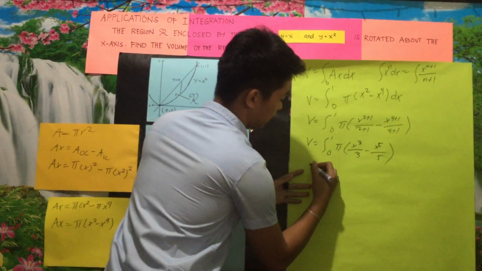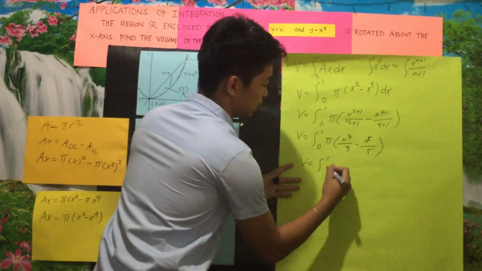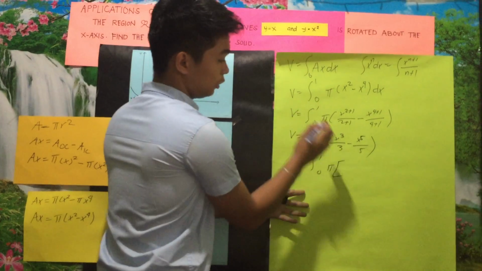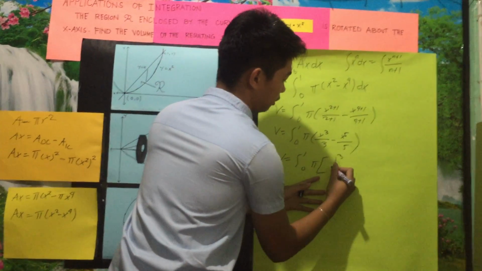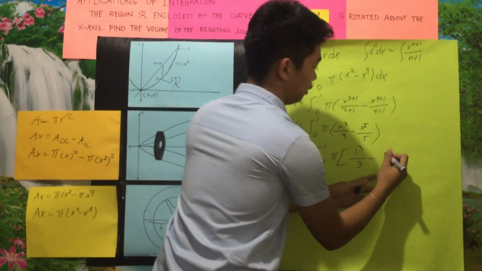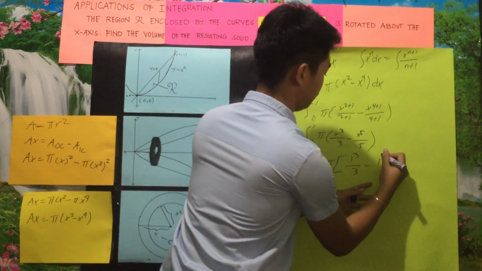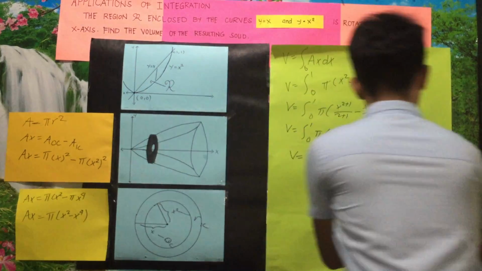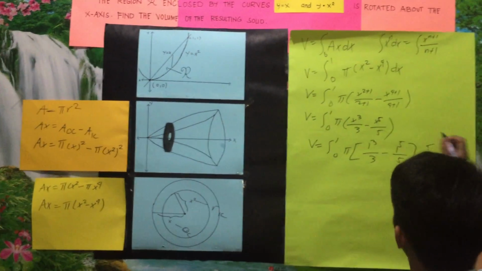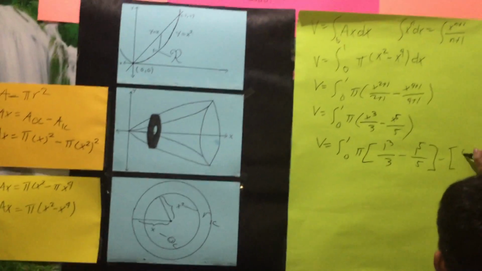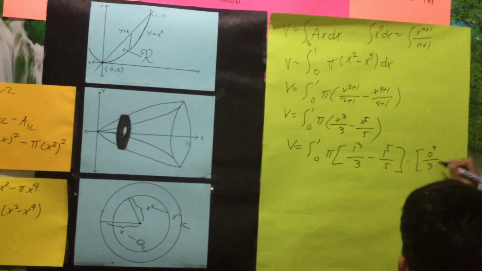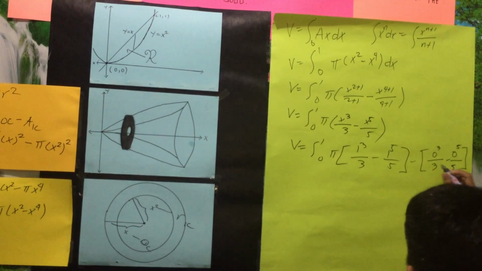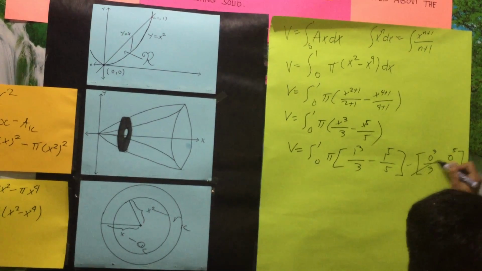We will use 1: pi times 1 cubed over 3 minus 1 to the 5 over 5. Substitute the minimum: 0 cubed over 3 minus 0 to the 5 over 5. And then it cancels out since it has 0.